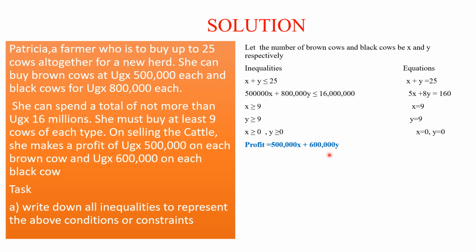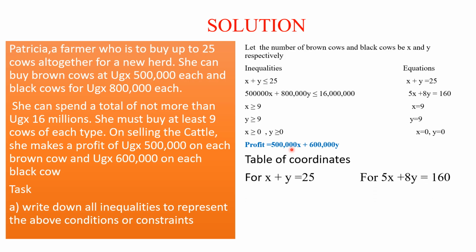So our objective function will be 500,000 X, the profit that we will get from brown cows, then 600,000 Y, the profit that you'll earn from the black cows. So this is our objective function.